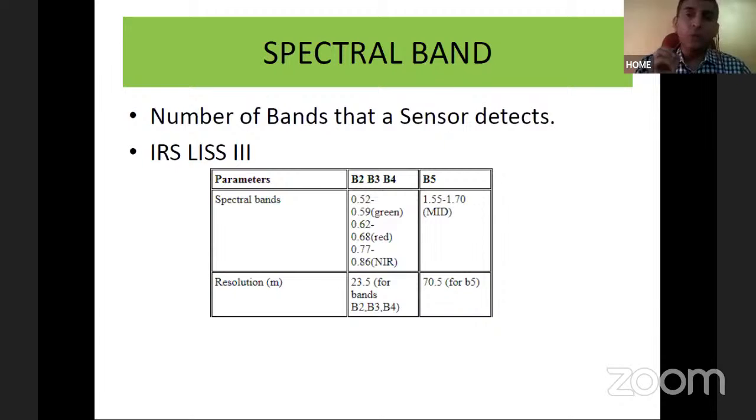Now, IRS is one specific satellite which has a sensor, LISS 3. The specification of the LISS 3 sensor is mentioned in this specific slide. So if we ask how many spectral bands it has, what can you say? Can you count the number of spectral bands? If you read this specific slide, the spectral bands are there.